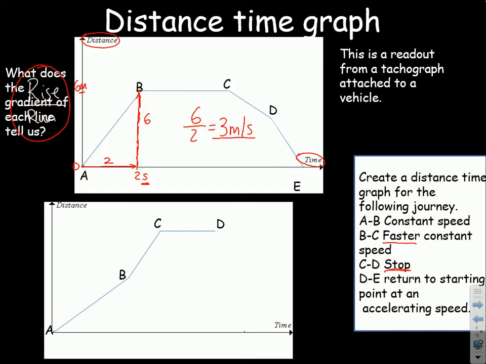So the gradient would very gradually become steeper and steeper, so we would end up with something that looks like that. If we draw a tangent, to start off with it's very shallow, and then it becomes steeper and steeper. Okay, so that shows the object returning to the start at an accelerating speed.